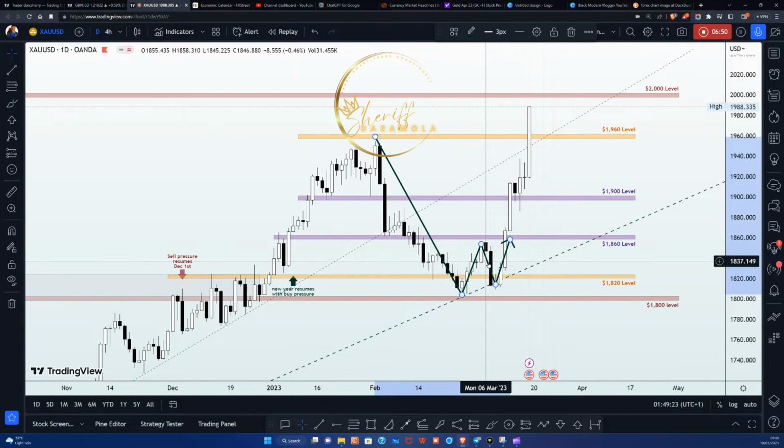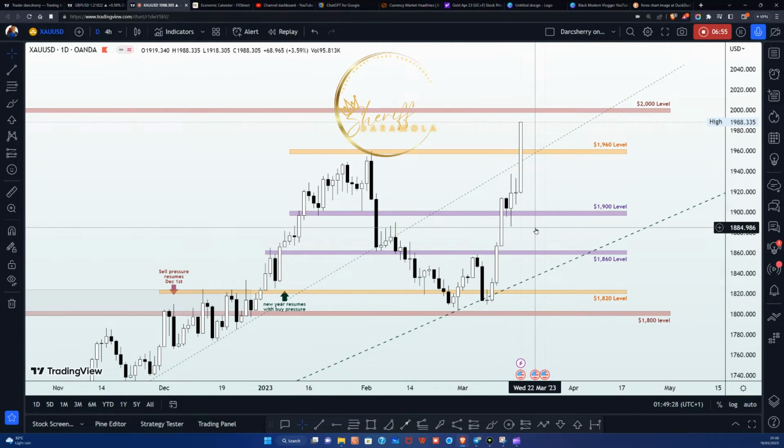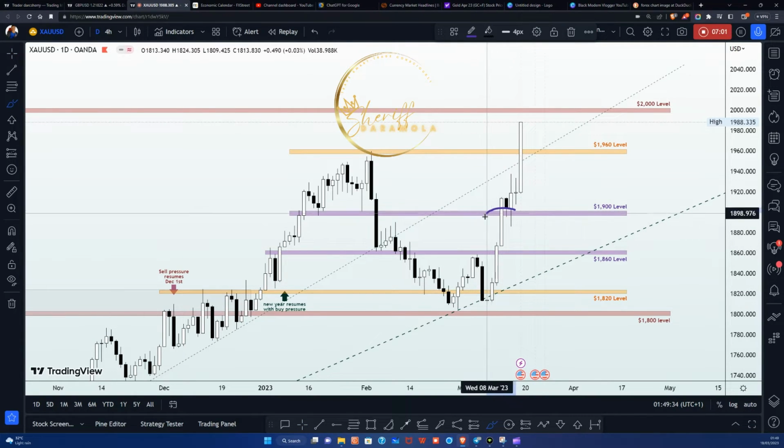During the last couple of weeks, we have seen price action continue to find higher highs. Prior to last week's trading session, we were around the 1900 area, a very significant structure if you ask me. The breakout retest of the 1900 further emphasized the strength of the buyers in this market.